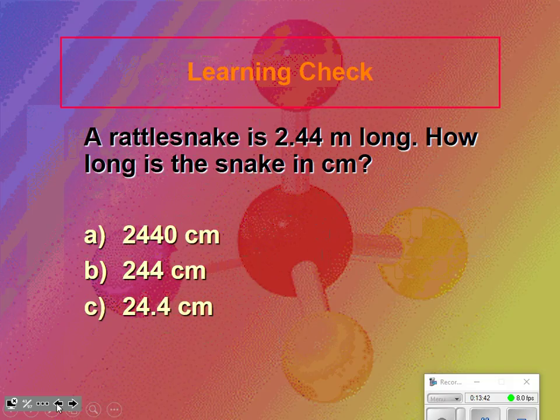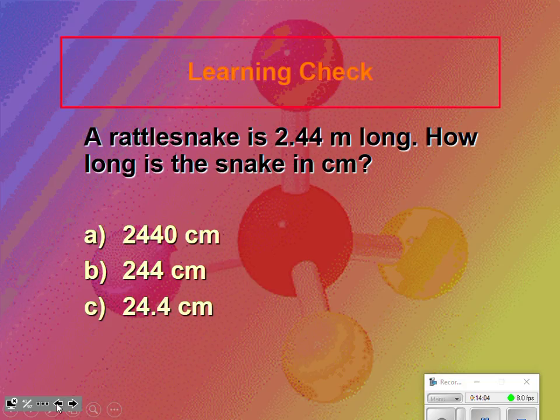Here's another one. You don't necessarily have to write down the question, but answer it. This is a metric conversion. A rattlesnake is 2.44 meters long. How long is the rattlesnake in centimeters?